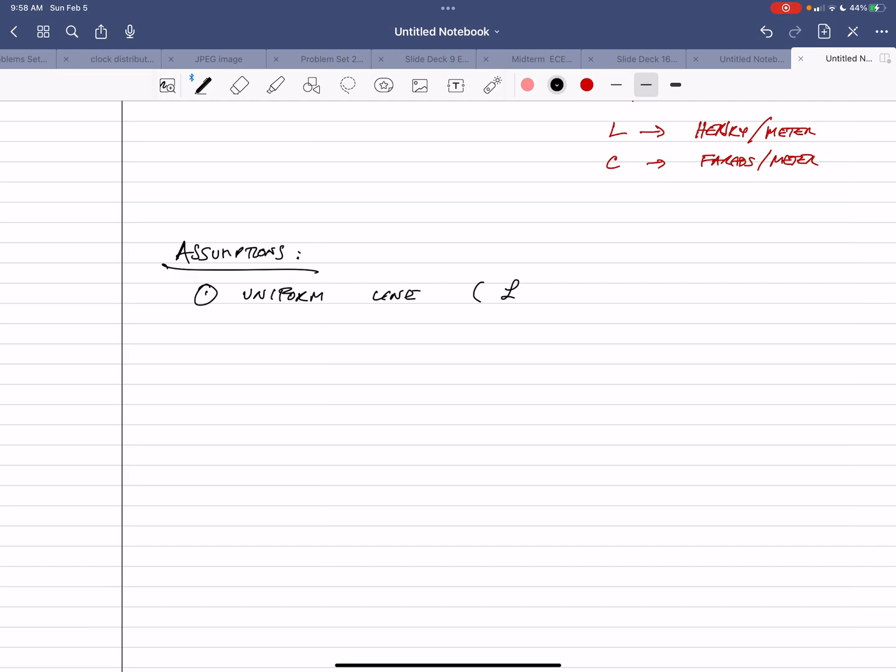This means D and T don't change. The distance between the lines and the thickness of the lines don't change. It's uniform along the line. And two, it's lossless, meaning we've ignored resistance. Okay, so we're going to make those assumptions.